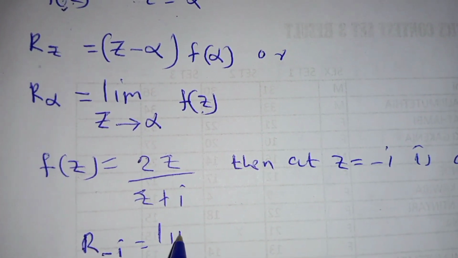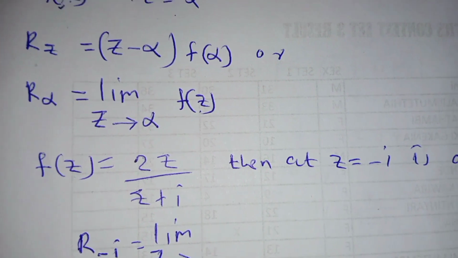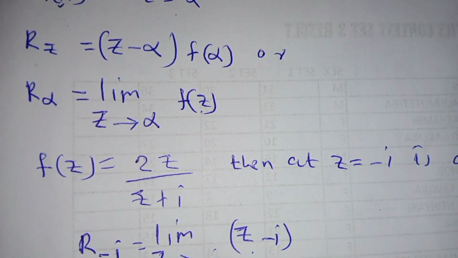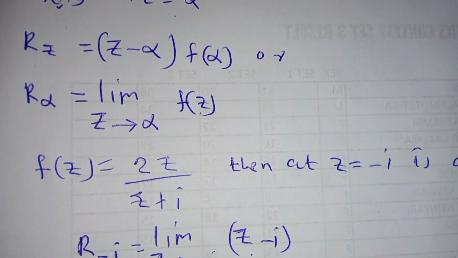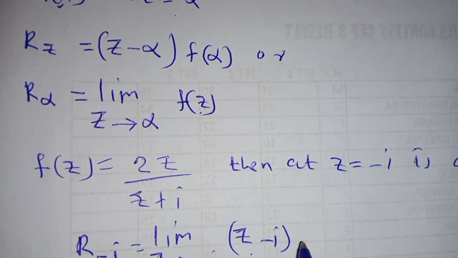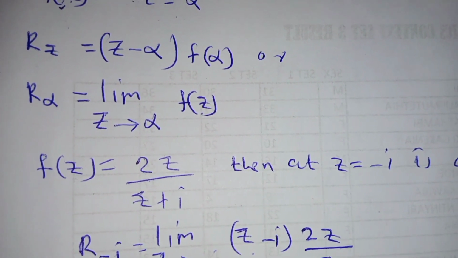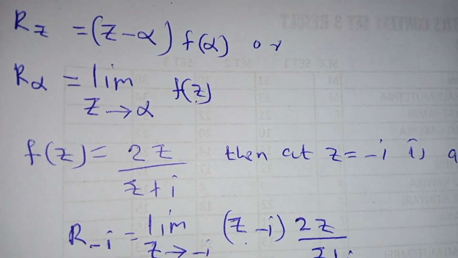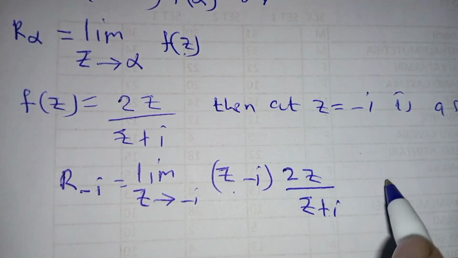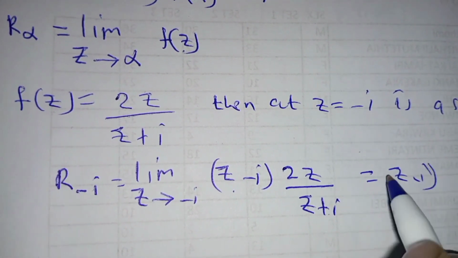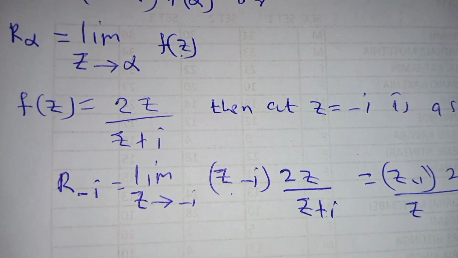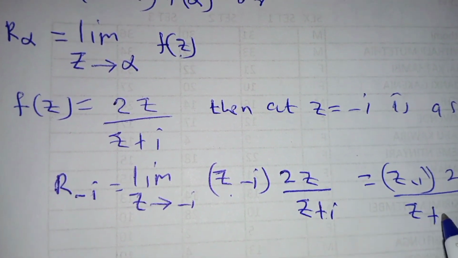It will be given by the limit as z tends to -I of (z minus I) times 2z divided by z plus I, which can be written as (z minus I) 2z divided by z plus I.